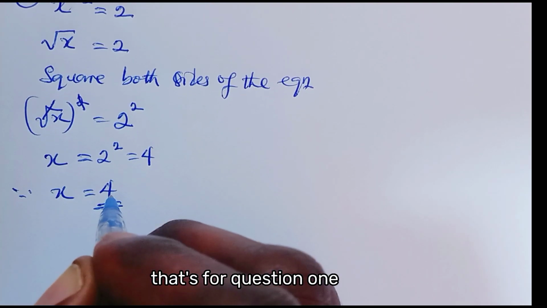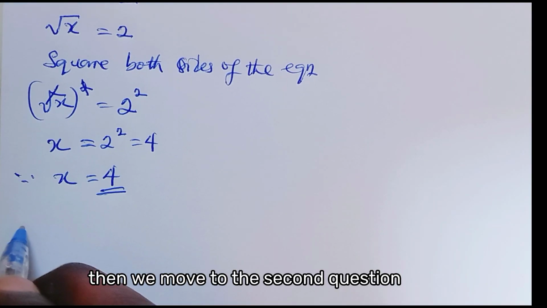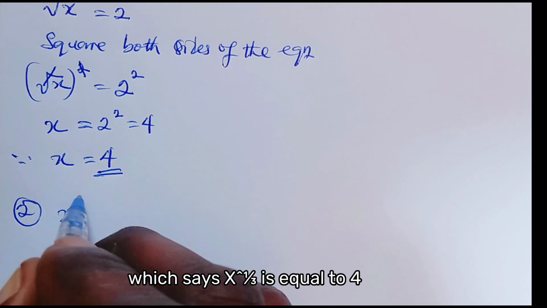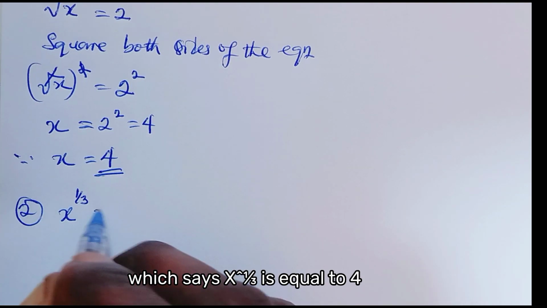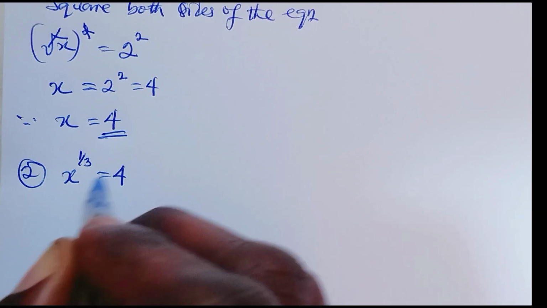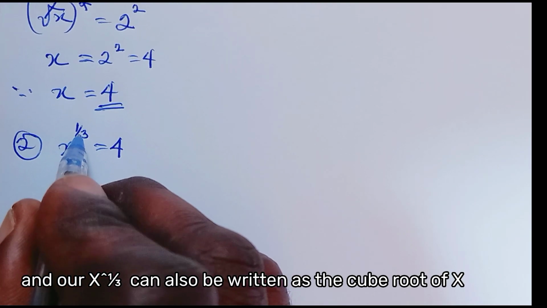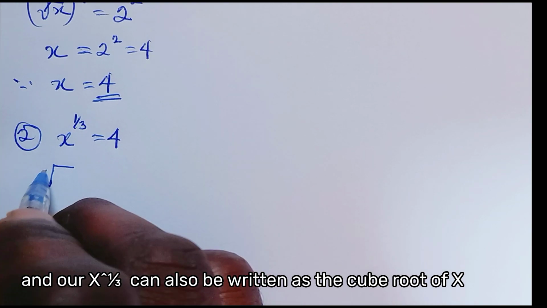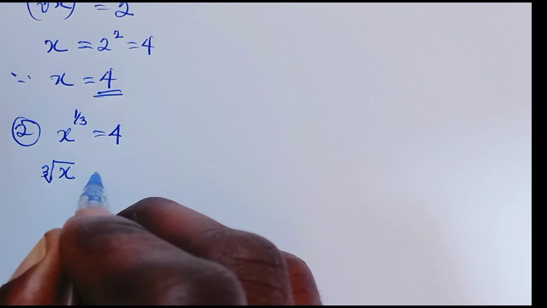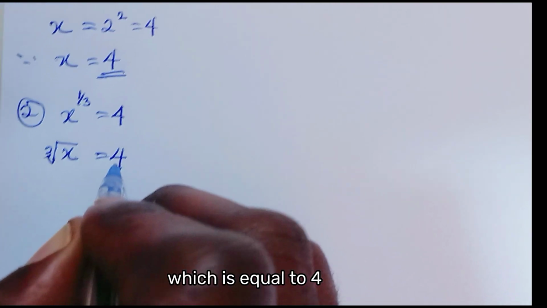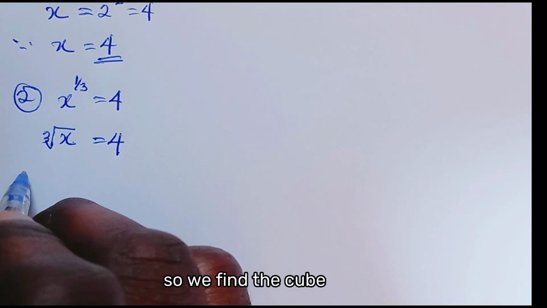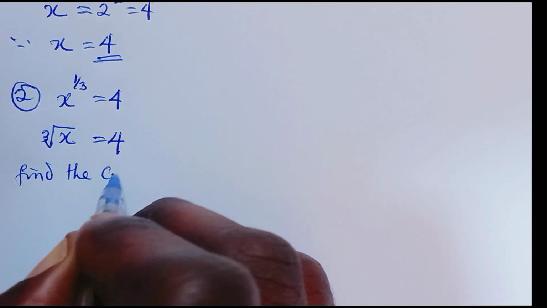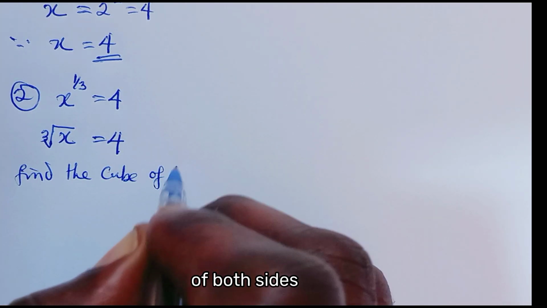That's for question 1. Then we move to the second question, which says x raised to power 1 over 3 is equal to 4. And our x raised to power 1 over 3 can also be rewritten as the cube root of x, which is equal to 4. So we find the cube of both sides.